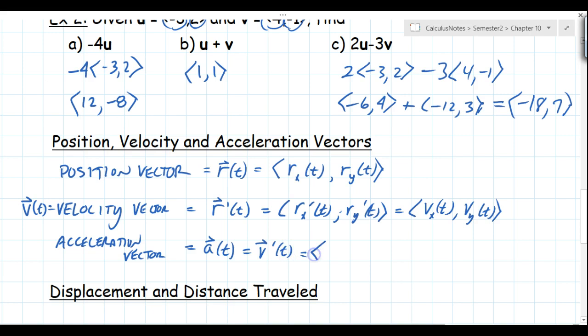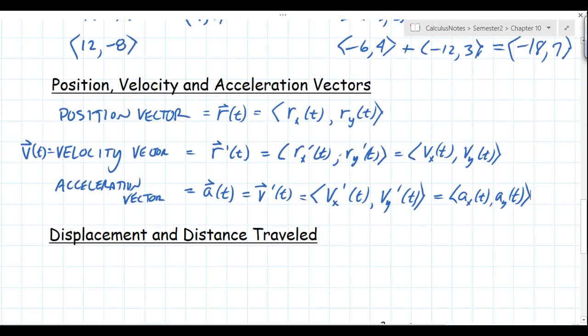And so that's going to be v sub x prime of t, v sub y prime of t, which we could also call a sub x of t, a sub y of t. So nothing really new there. We're just writing these things in vector form rather than working with a position function, a velocity function, and an acceleration function. The only difference now is that we have a separate position function for x than we do for y, a separate velocity function for x than we do for y, and so on.